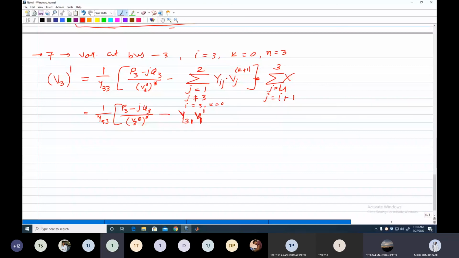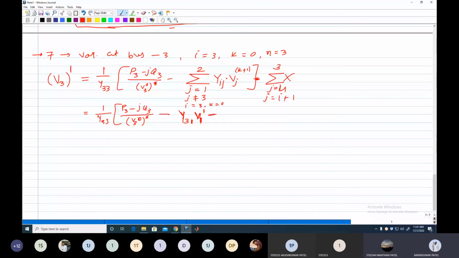Here it is K plus 1. K is given in your second summation, but here you are not considering your second summation. Okay. Then next term plus Y32. Plus Y32, but overall in bracket outside is minus, so we will consider the minus.